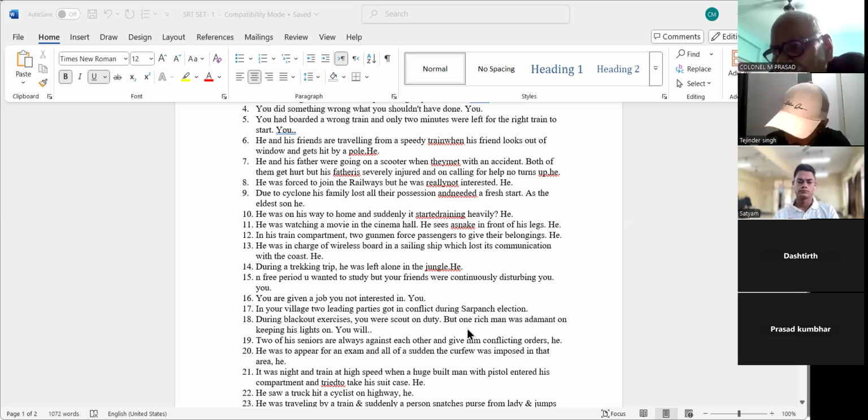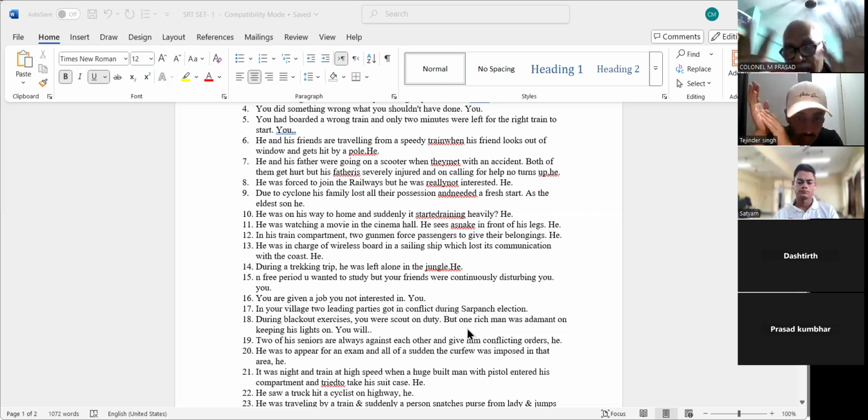So reach the predetermined location with the decided group and go along with the group. Is it possible or not? Yes or no? Yes. Okay. So this is how the SRT is done. Any question now on SRT? Anyone of you?